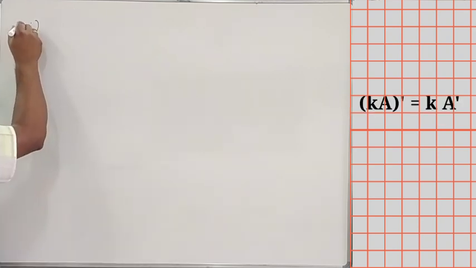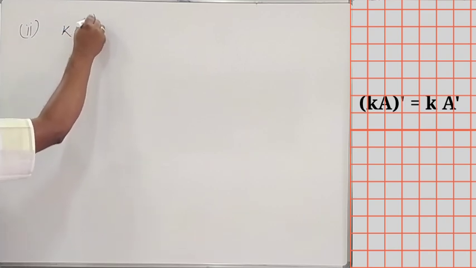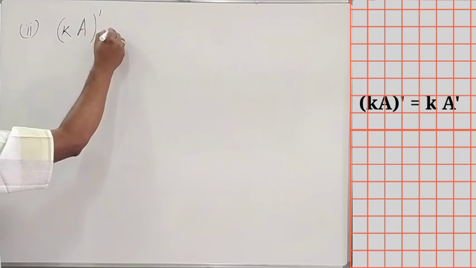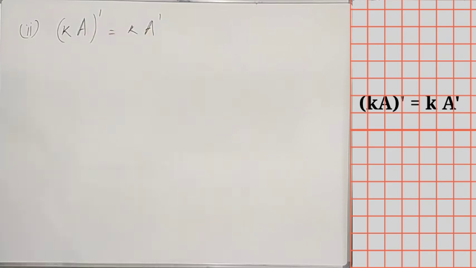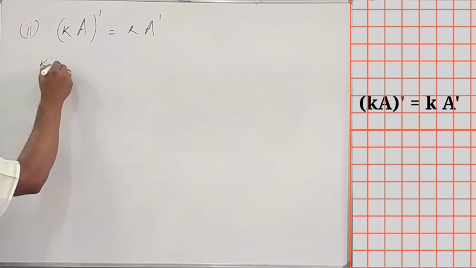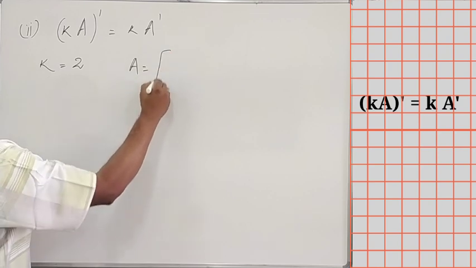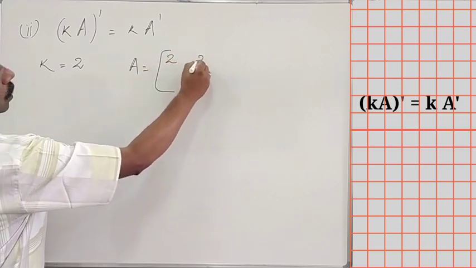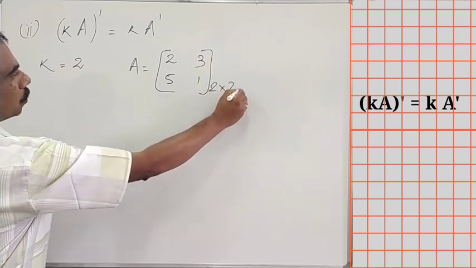Second property, for any scalar K and for any matrix A, K into A whole transpose equal to K into A transpose. Let K is equal to 2 and A is equal to matrix 2, 3, 5, 1, that's of order 2 by 2.